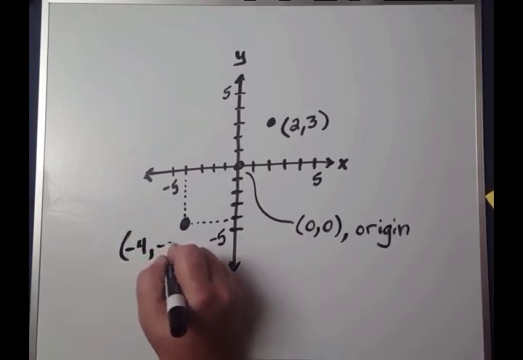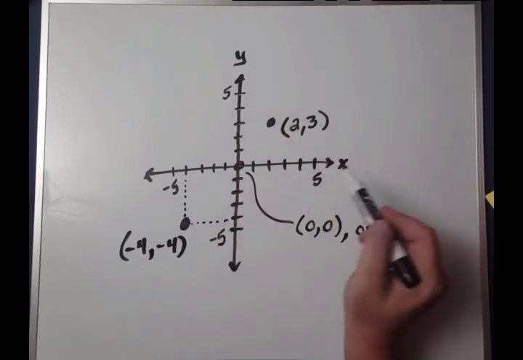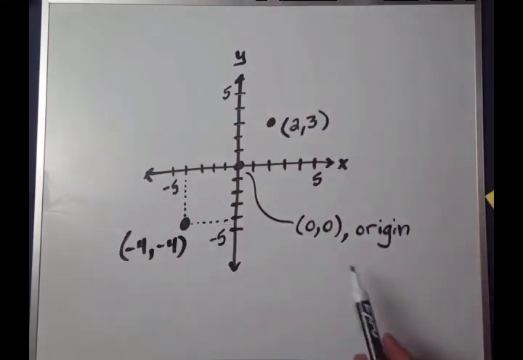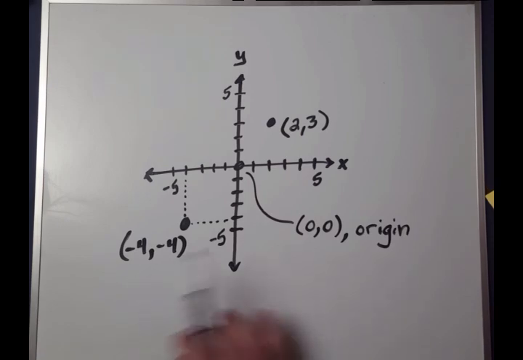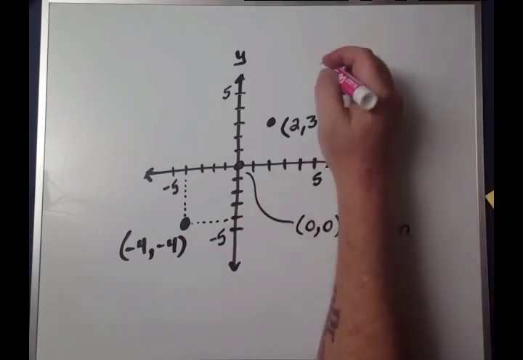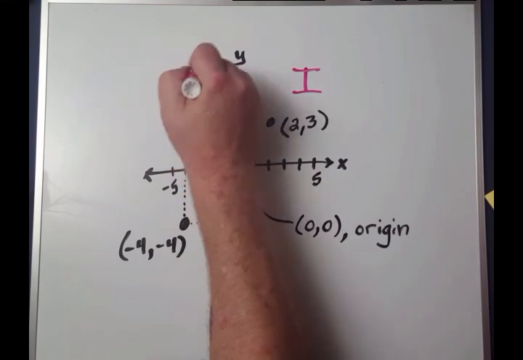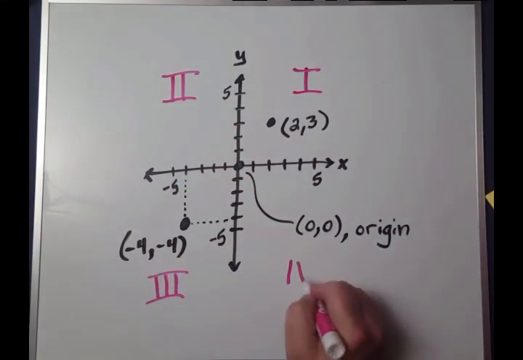There's our point, -4, -4. And notice that these two axes divide this plane, this flat surface. We're working in the plane of the whiteboard. They divide this plane into 4 regions. We call these regions quadrants, and we name them Quadrant 1, Quadrant 2, Quadrant 3 down here, and Quadrant 4.